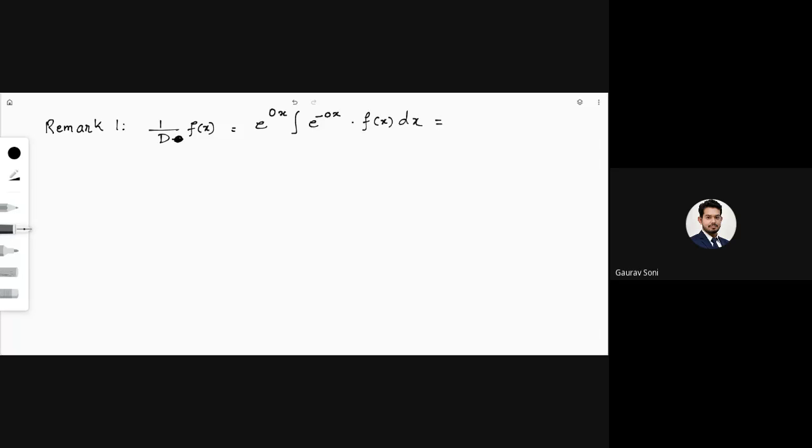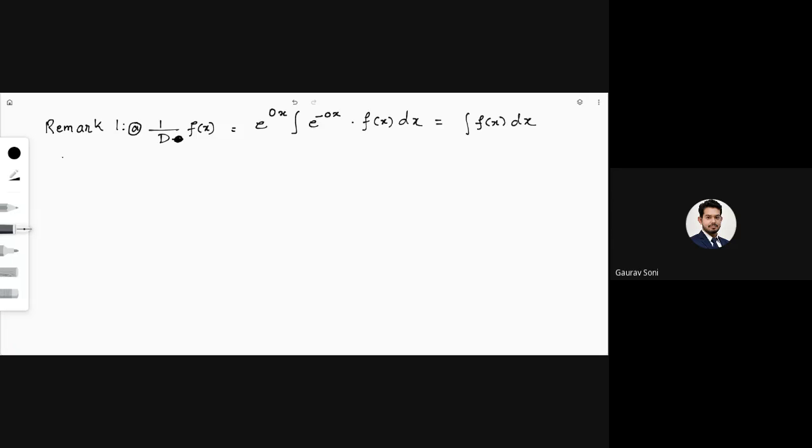E to the power 0 is 1. So this turns out to be simply the integration of f of x dx. So 1 upon d f of x is simply the integral of f of x. So remember that 1 upon d is simply an integration.